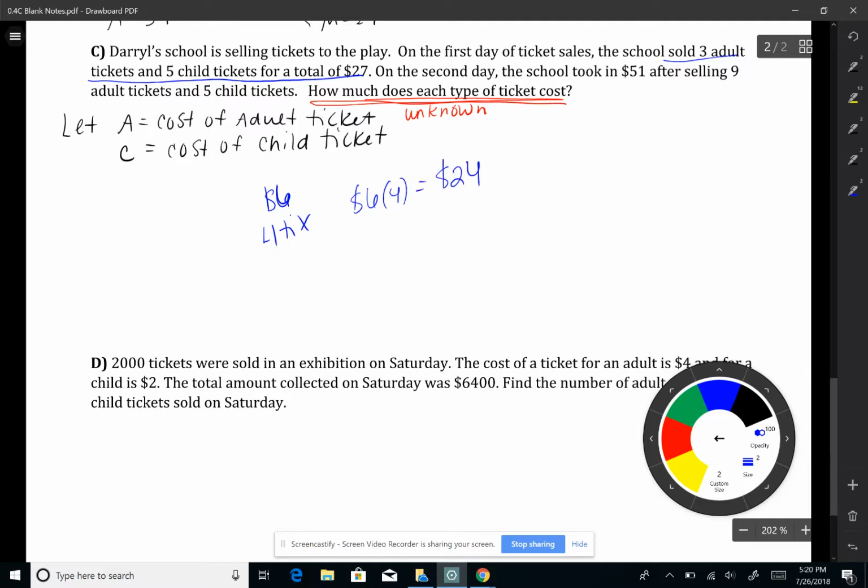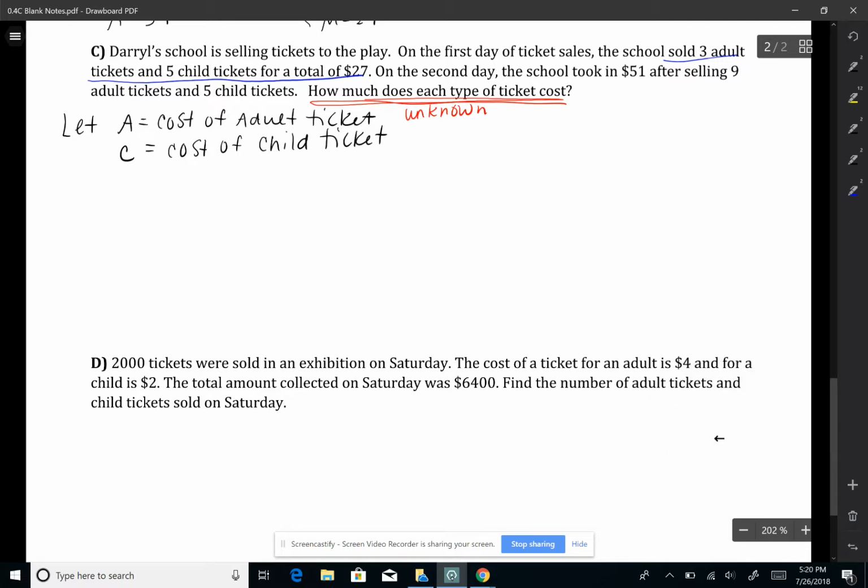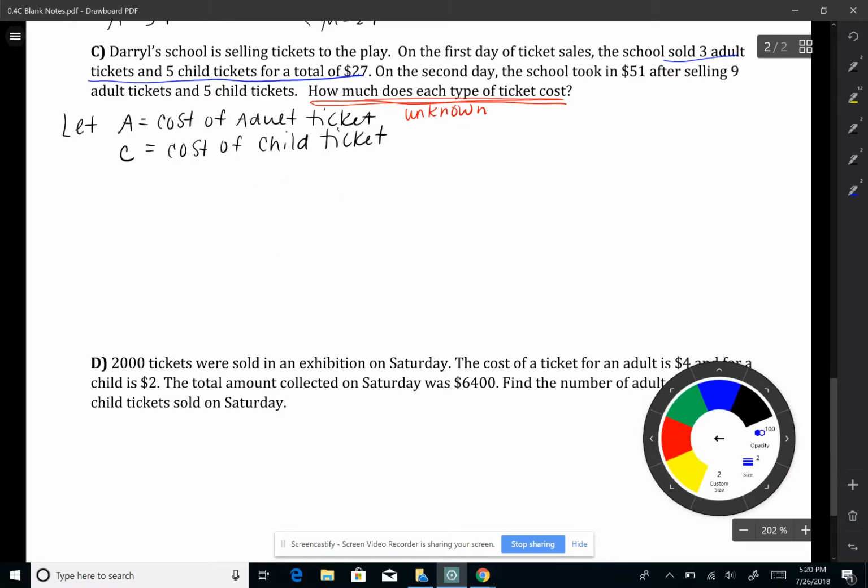Well, now I don't know the cost. The cost is my variable. So this is going to help us write our equation. We have 3 adult tickets. So we're going to take 3 times A, 3 times how much an adult ticket costs, plus 5 child tickets times C, how much a child ticket costs, and we're going to get $27. That's our first equation from my blue underline.